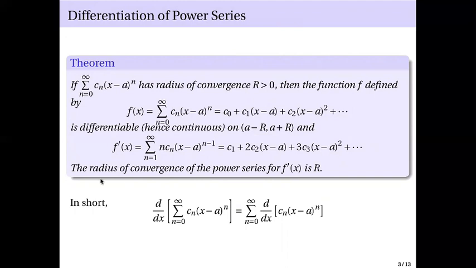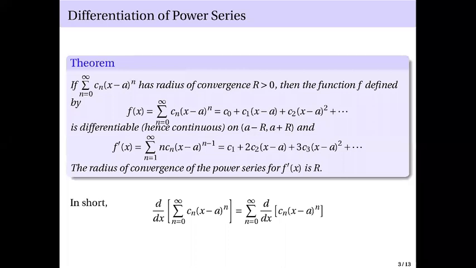The radius of convergence of the power series for f prime of x is also r. So in short, if you want the derivative of this power series, all you need to do is differentiate term by term.